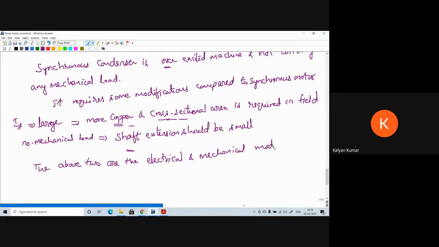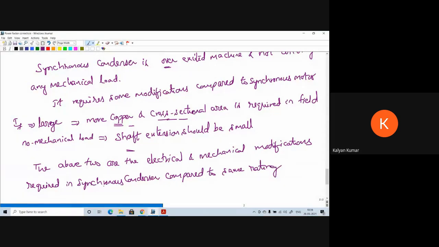These are the modifications required in a synchronous condenser compared to a synchronous motor of the same rating.